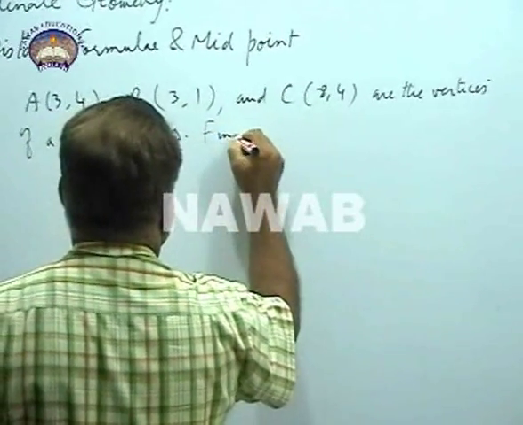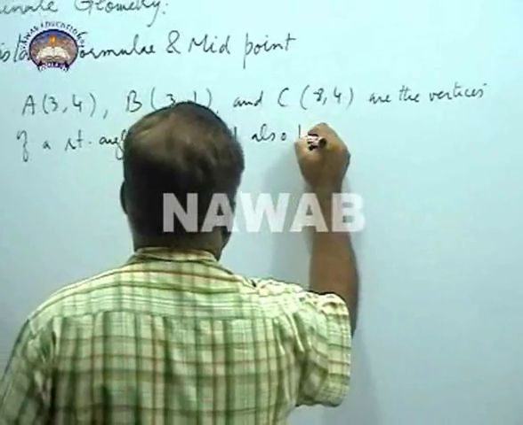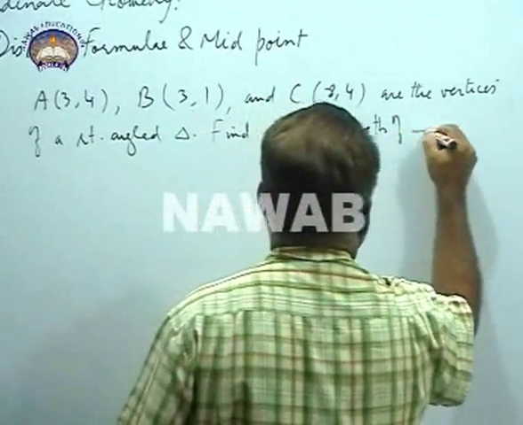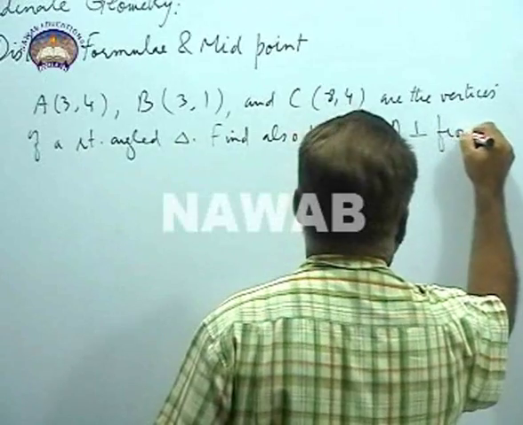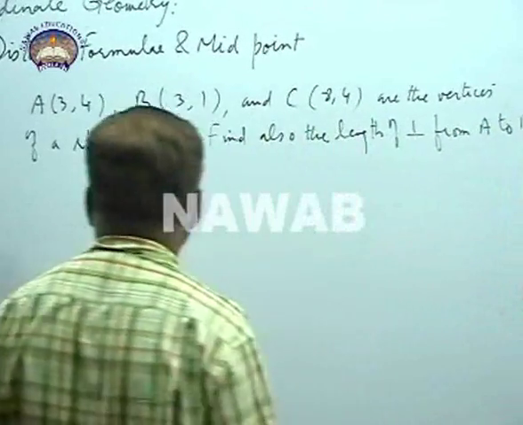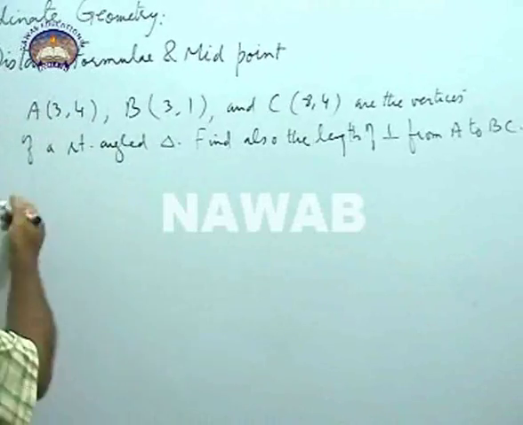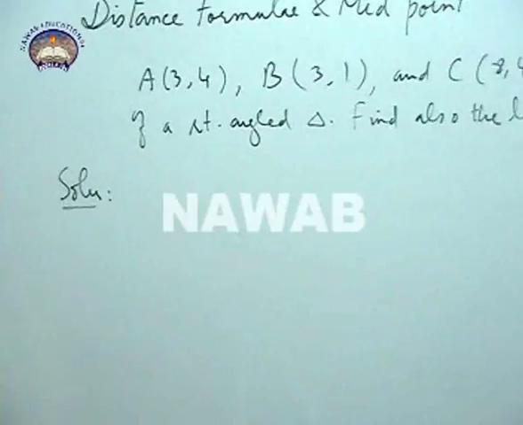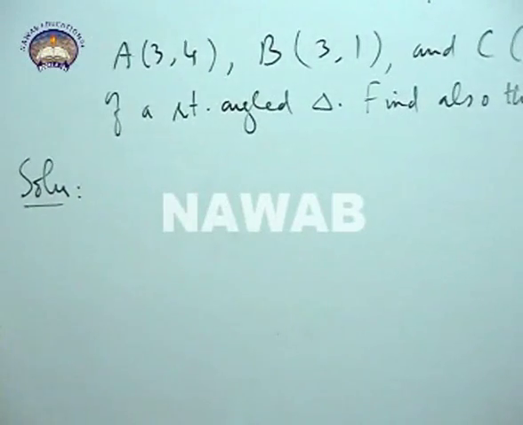Find also the length of perpendicular from A to BC. So definitely for the solution, we will first find all the three lengths of the triangle.